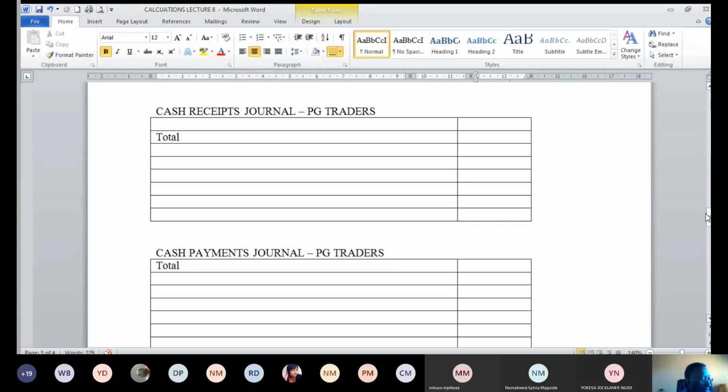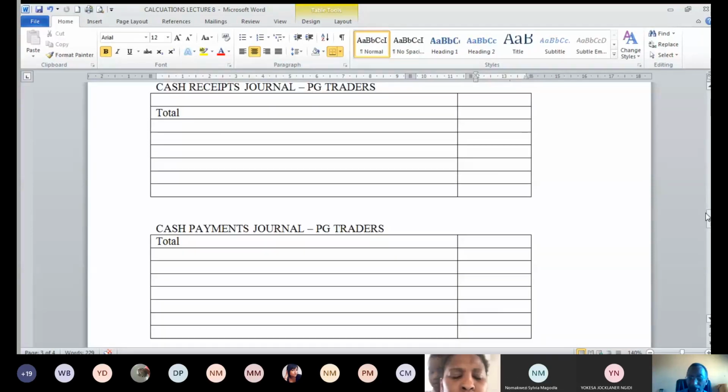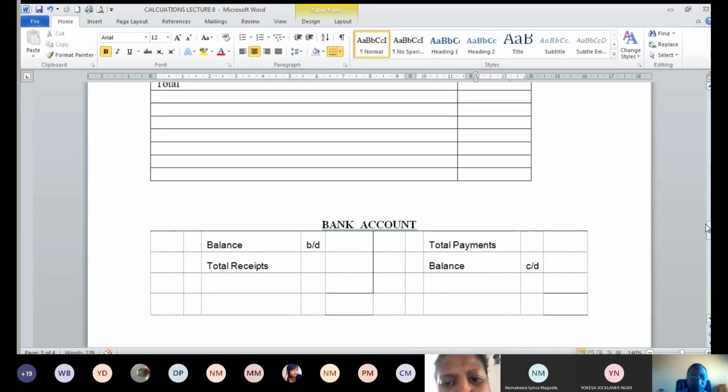So the important thing here, guys, is that we must work with the outstanding deposits, the outstanding checks, and the balance in your bank account. So you can immediately go to your bank account, guys, and they tell you that there's a debit balance in your bank account of 10,600 Rand, and you record that in your bank account.